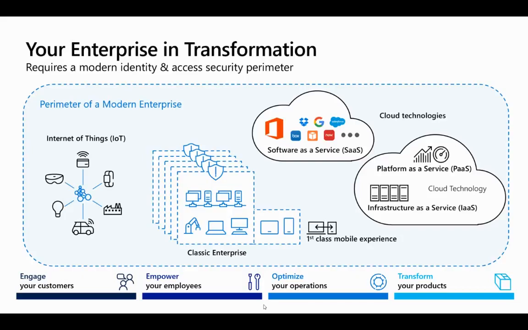This is how IT has transformed from the enterprise version. Cloud technology is also introduced here, along with the best classical mobile experience, where perimeter security can be controlled through the EMS suite.